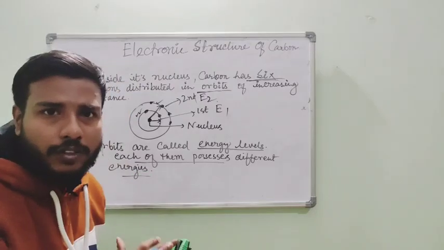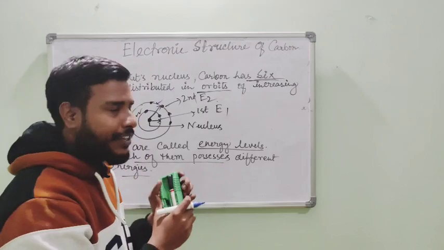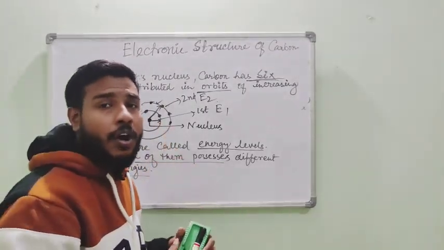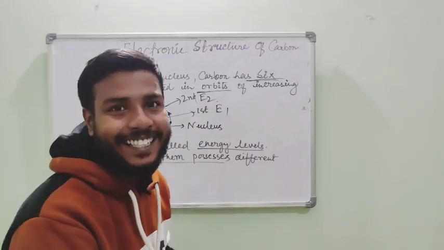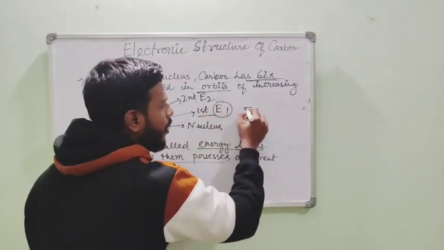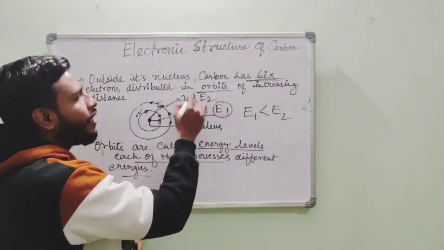According to this concept, as the distance from the nucleus increases, as we go far away from the nucleus, the energies of the orbits increase. That means E1, the energy of the first orbit, is lesser than E2, the energy of the second orbit.